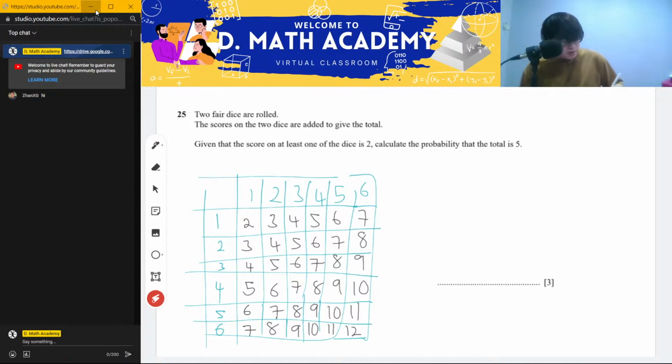There was 1, 2, 3, 4. There were only 4, I suppose. And then at least one of the dice is a 2.